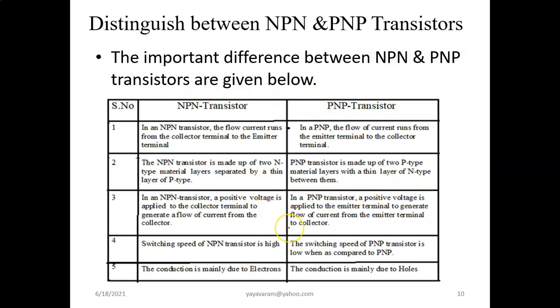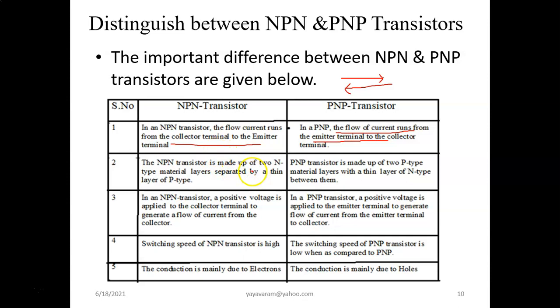These are the important differences between NPN and PNP transistor in the table. You can follow and learn them by heart if you want for the examination, after understanding the concept. In an NPN transistor, the flow of current runs from the collector terminal to the emitter terminal, whereas in a PNP, the flow runs from emitter terminal to collector. Of course, you know that conventional current and hole movement will always be opposite.